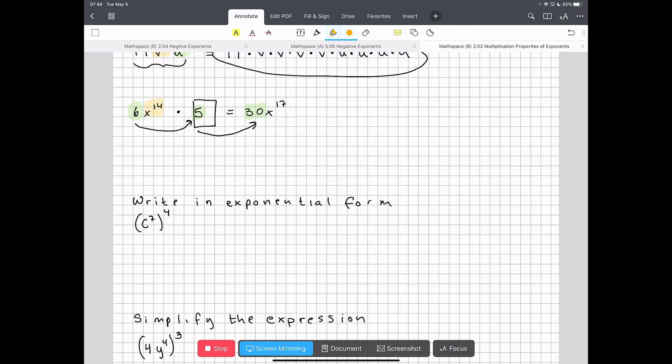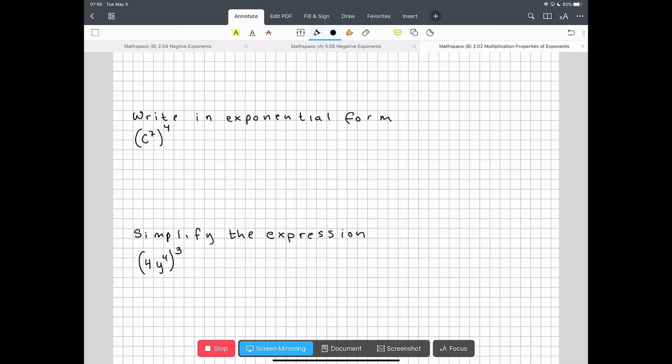X to the 14th multiplied by something is x to the 17th. Using our exponent rules, we know that a power multiplied by another power with the same base, we can add the exponents. So 14 plus 3 is 17. So this is x to the 3rd. So 5x to the 3rd would be our answer there.